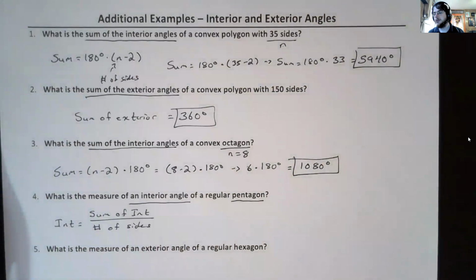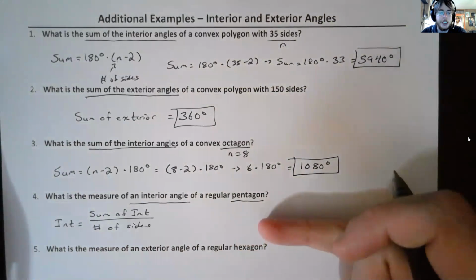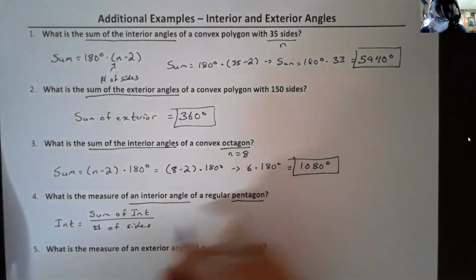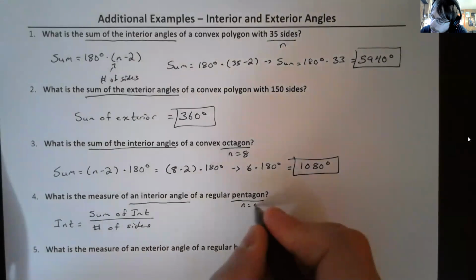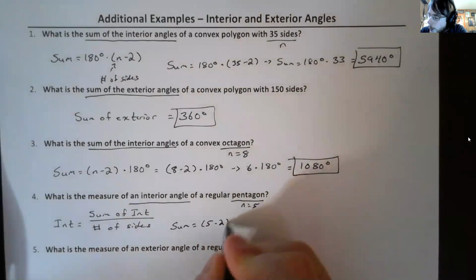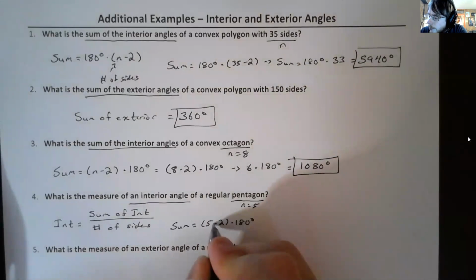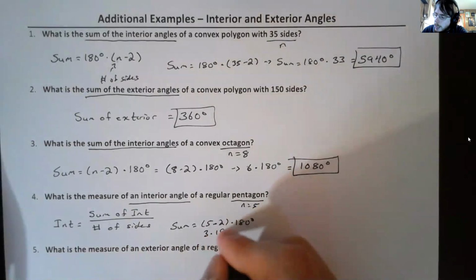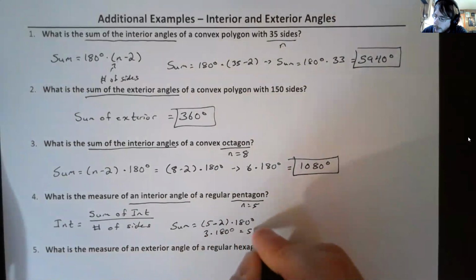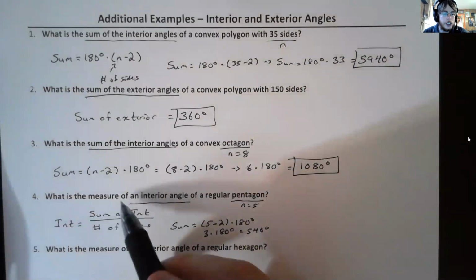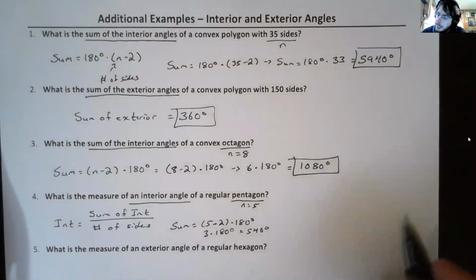So what is the sum of the interior angles of a pentagon? We're going to plug it into our formula. A pentagon has 5 sides. So the sum is going to be equal to 5 minus 2 times 180. 5 minus 2 is 3 times 180 gives us 540 degrees. So our sum of the interiors for a pentagon is 540.